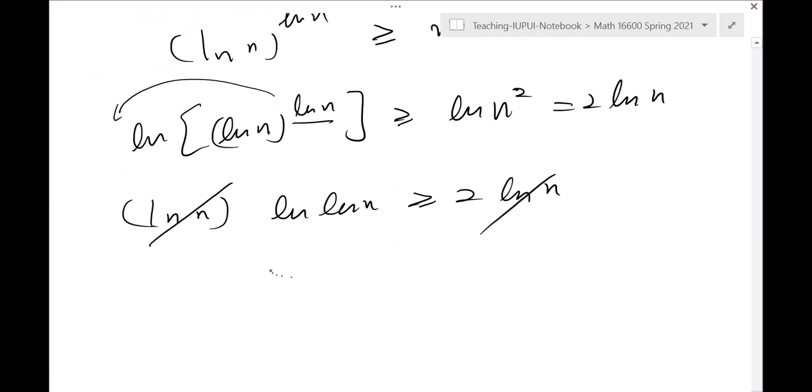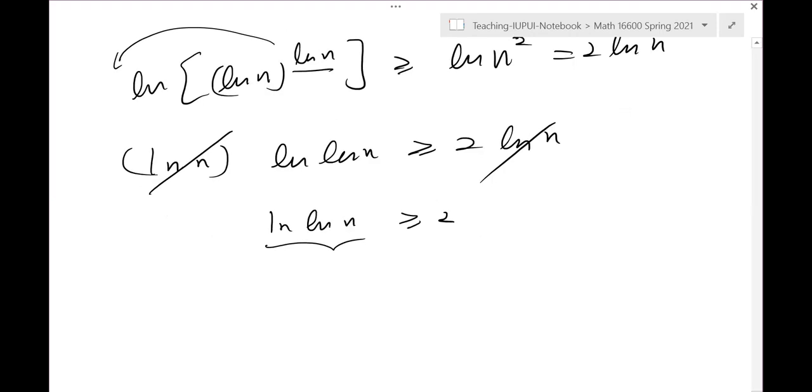So I think this is possible, because when n is getting larger and larger, clearly this number is going to be greater than or equal to 2. The question is what is the smallest n here, and then you put the e there. Then you solve for n.